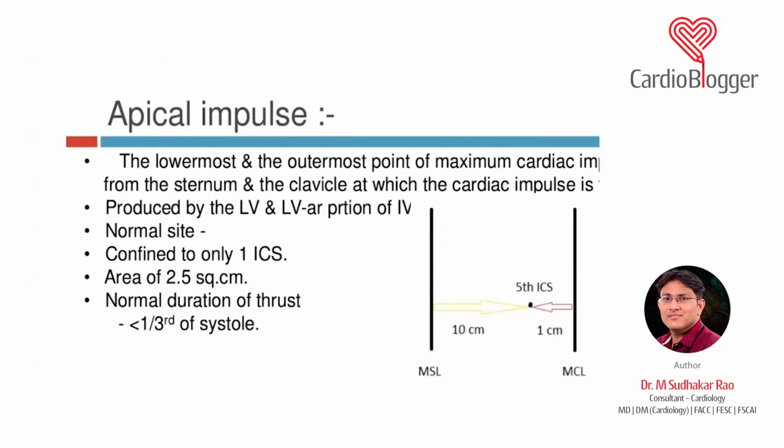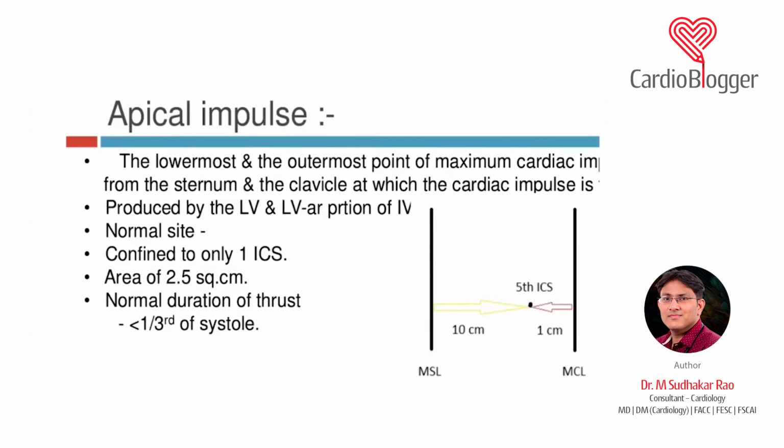We know a normal apex is a tapping apex, which touches your finger but does not lift it, and it is not associated with a loud S1. A normal apex does not occupy more than 2.5 square centimeters, and it should be limited to less than 1 intercostal space. Some people say less than 1.5 intercostal spaces, but 1 is fair enough.